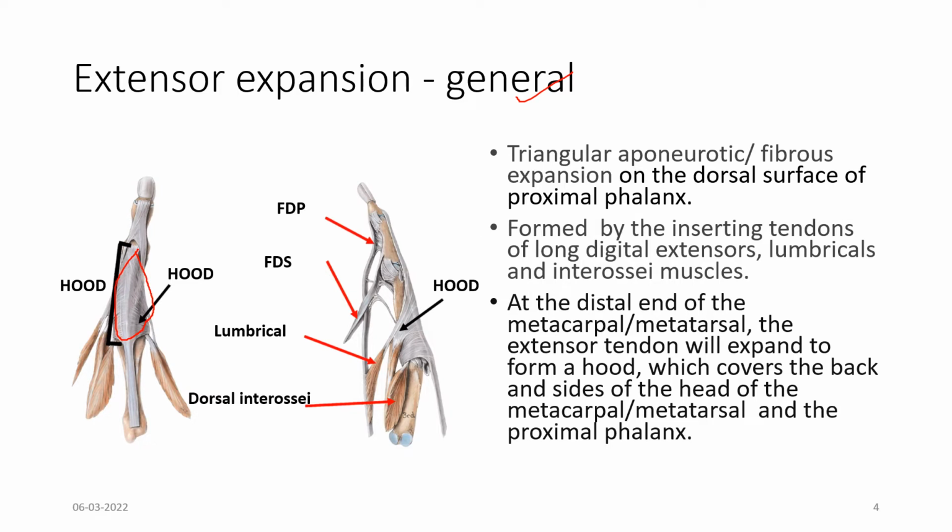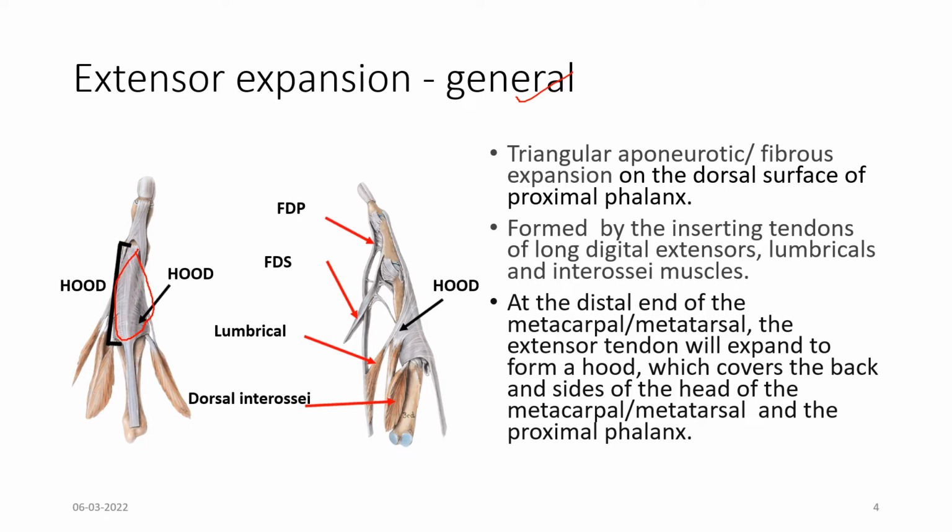That's why it is called extensor hood or dorsal hood, and it is formed by insertion of the tendons of long digital extensors, the lumbricals and the interosseous muscles. These are the structures that constitute the extensor expansion.